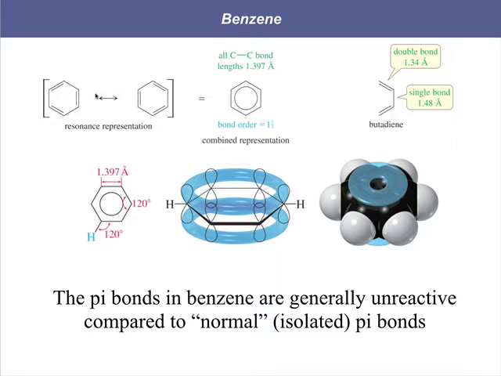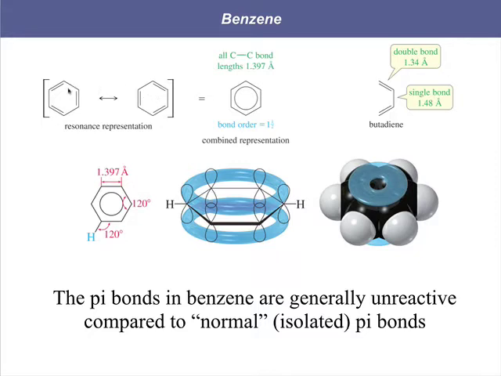So the real picture should have equal contribution from both of them, where basically, instead of having a double bond here or a single bond there, we have 1.5 bonds. And instead of having a single bond here and a double bond there, we should have 1.5 bonds. So you can see we should have 1.5 bonds in every position. We represent that with this structure, since it's not really realistic to envision the double bonds being in one physical location, but not the other.